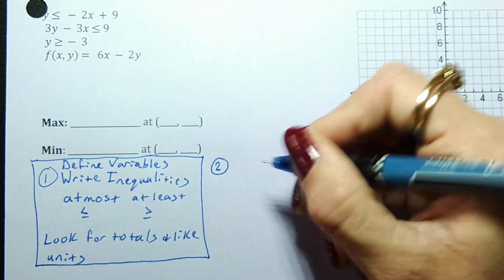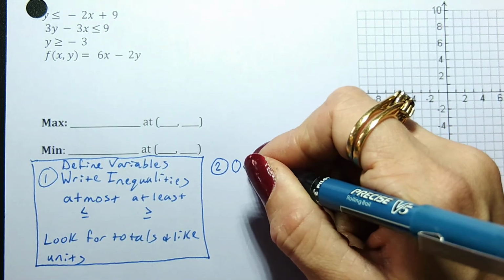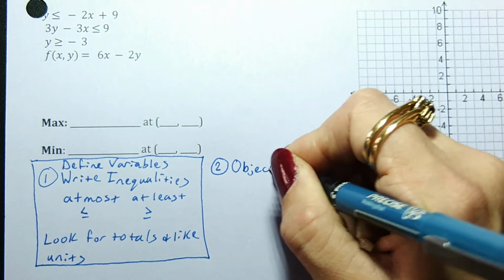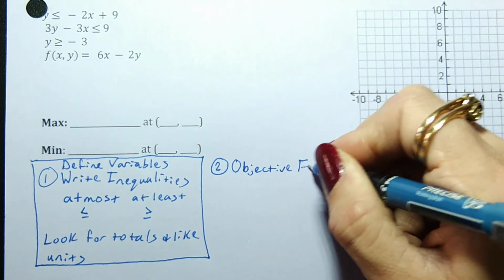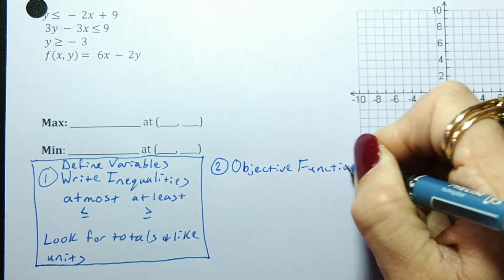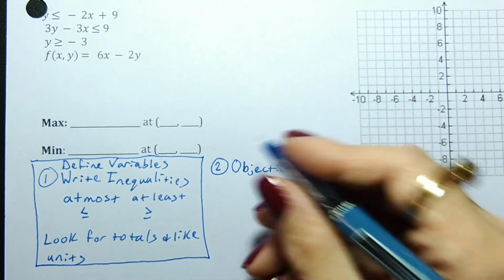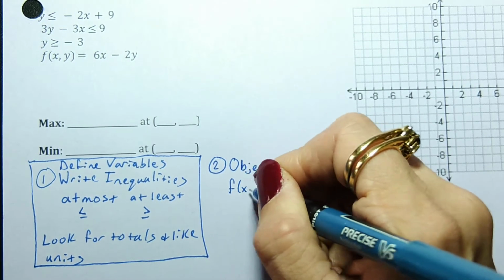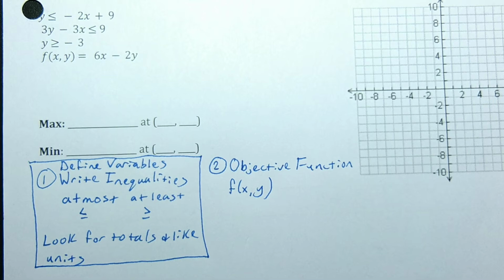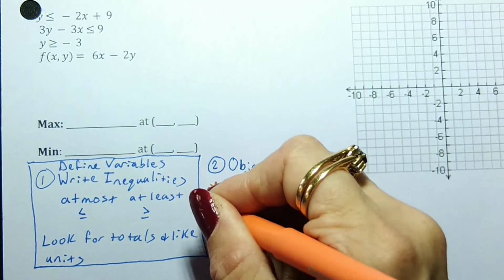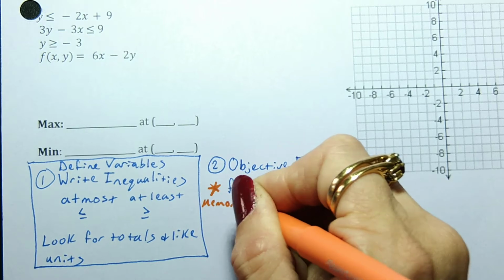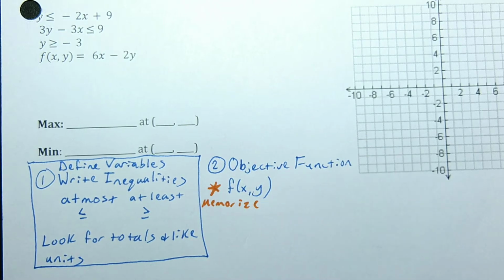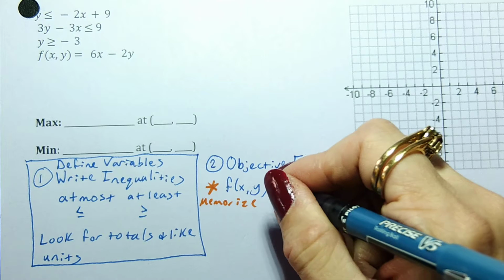Number 2, we define our objective function. The notation for the objective function is f of x, y. And I would put a little note by that because that notation you need to memorize. So that was a big thing on the first test. It's going to be a big thing on the final as well.